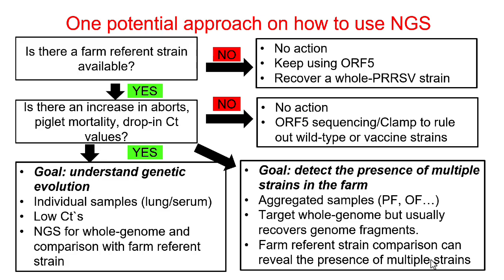If you do that and sequence this sample, you may not get the full genome, you may get fragments of genome, and that's expected because if these strains are similar, the technique still needs to evolve to recover the full genome. But when you compare to farm reference strains, you can understand if there is more than one strain circulating, and you don't need to recover the vaccine strain because those sequences are publicly available and you can differentiate if this is a vaccine that you are using in the herd or if it's a second or a third wild-type strain that's out there.